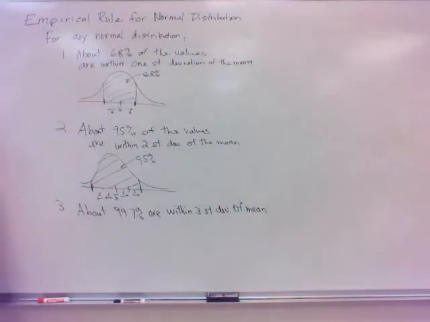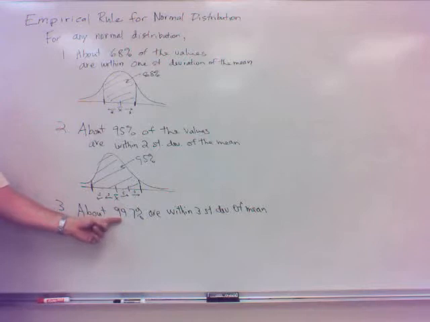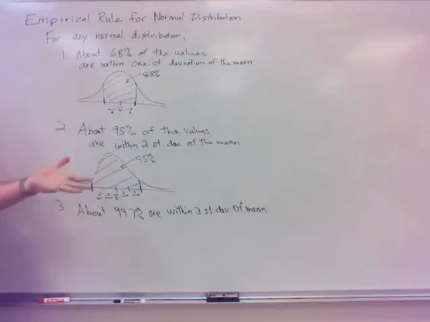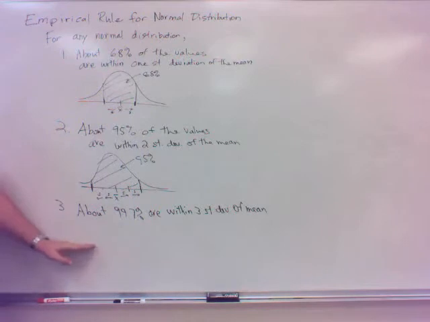So you're going pretty far out there. I mean, 99.7%, that's just about all of them. That doesn't leave too much, does it? 100% is the total. So anyway, yeah, within three, you've got 99.7. Okay?